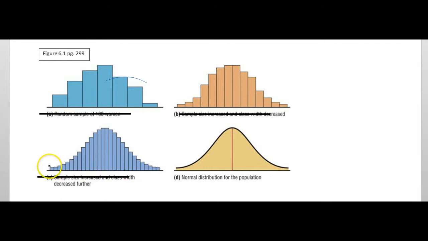I don't know how many are here, but notice it's still pretty jaggedy, but it's like pixels, high definition versus low def. And if we were to chop this up an infinite number of times, I mean just chop, chop, chop, chop, it would actually become perfectly smooth, okay? And that's your normal distribution or your bell curve.